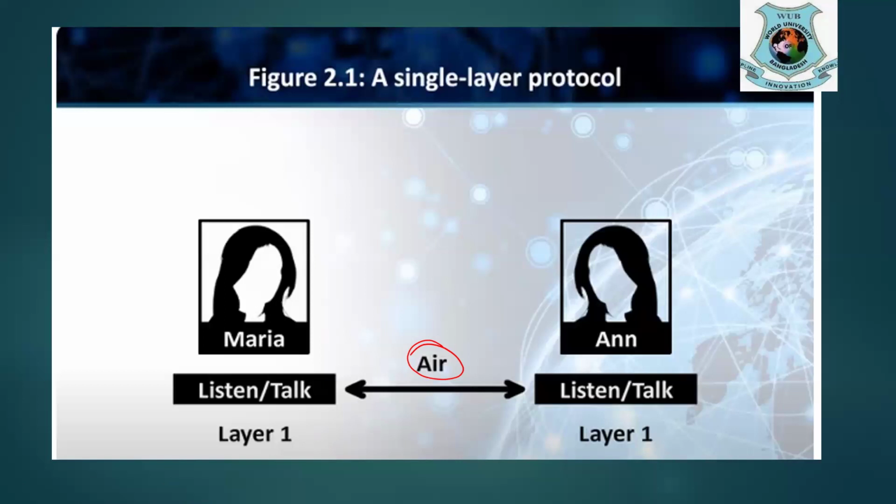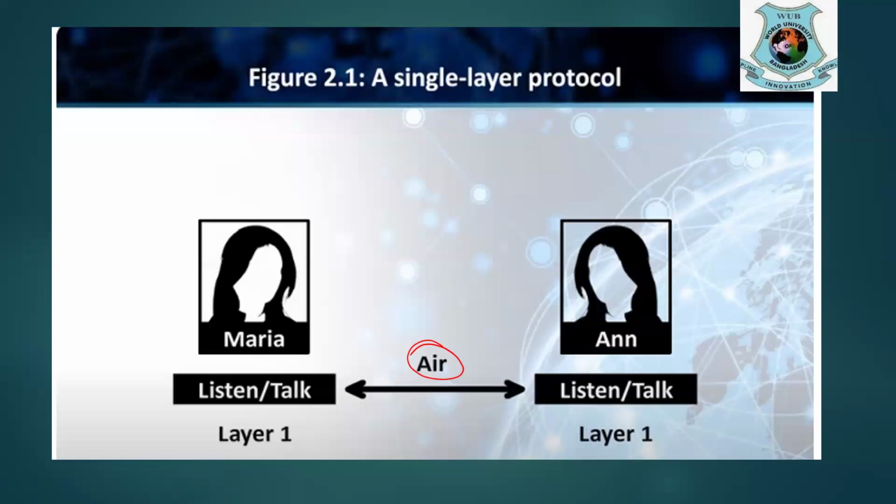Now, in this simple communication model, there should be some set of rules or protocols. What are the rules in this case? Maria and Anne are two friends. When they meet and start talking, first they need to greet.